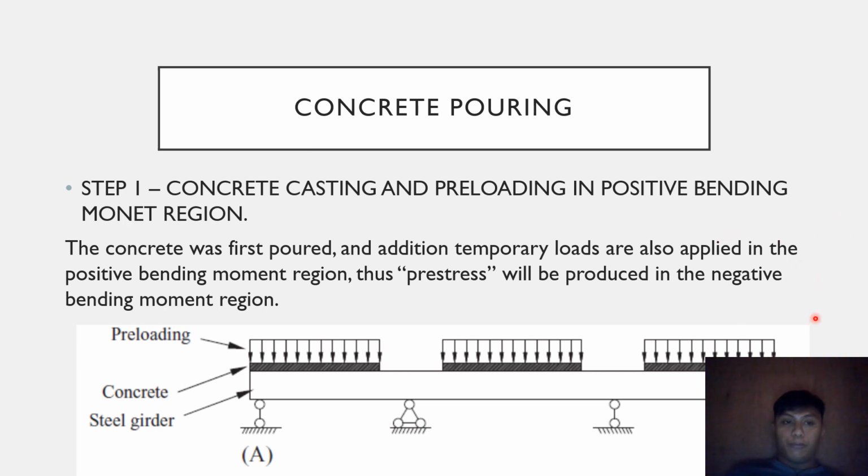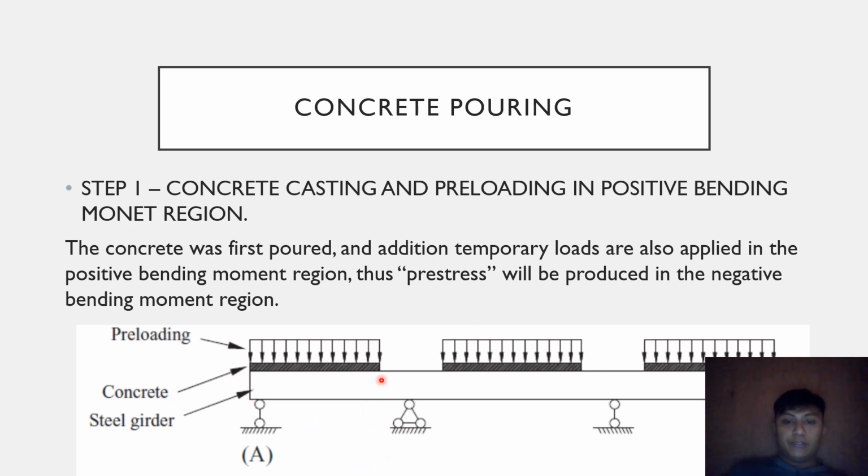Let's start with step one: concrete casting and preloading in the positive bending moment region. The concrete is first poured, and additional temporary loads are also applied in the positive bending region. Thus, pre-stress will be produced in the negative bending moment region.